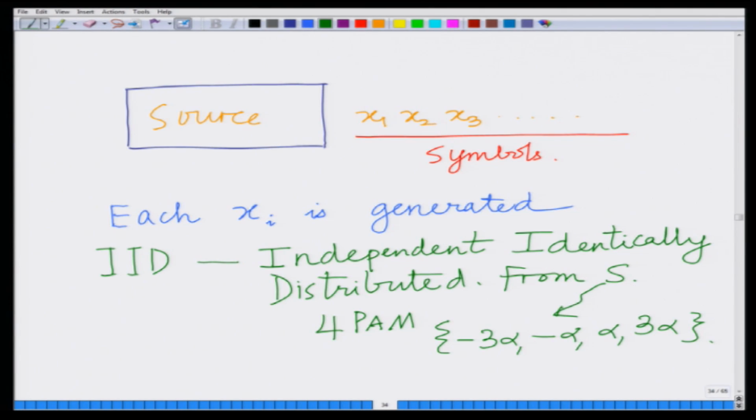Alright. Let us look at a simple example to understand this.